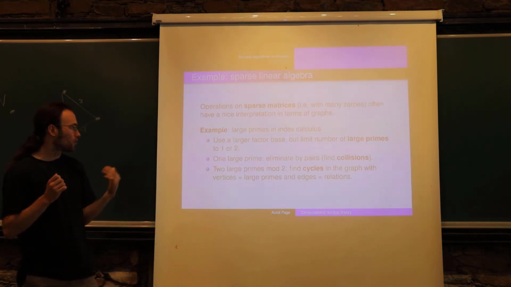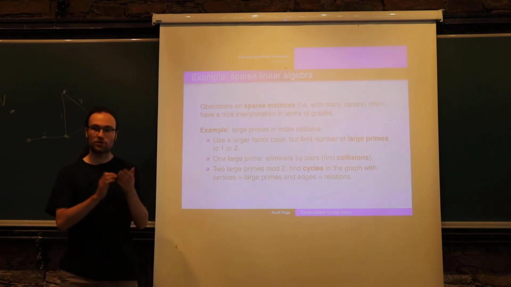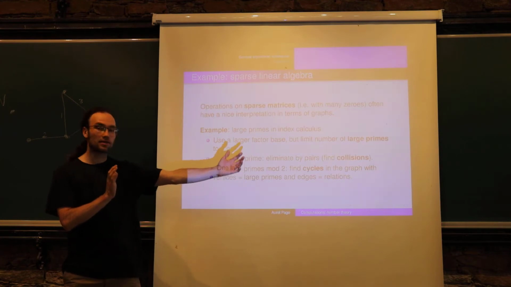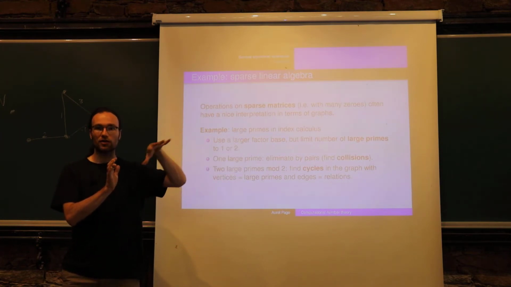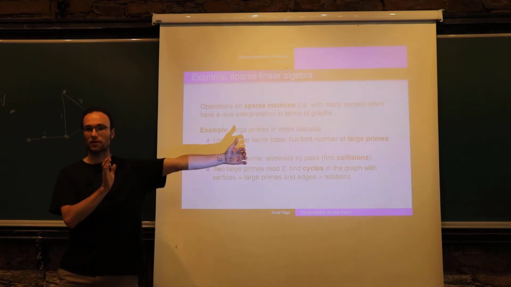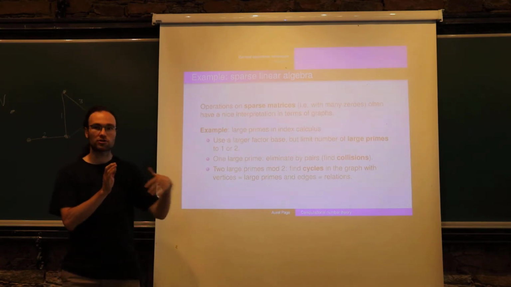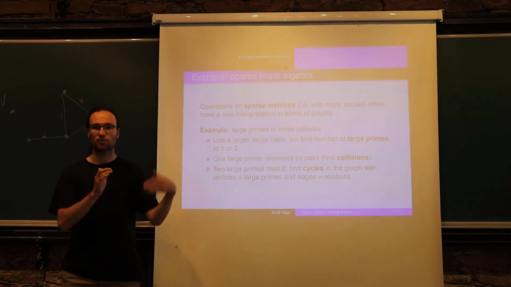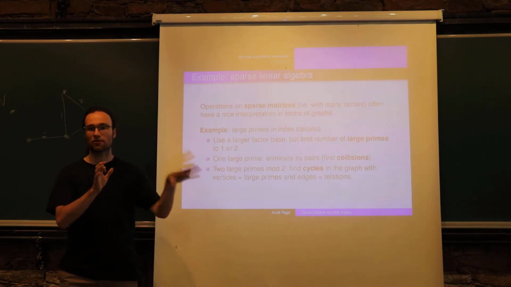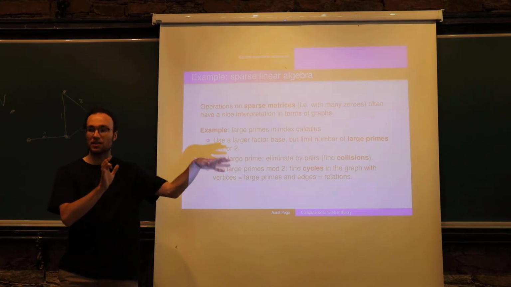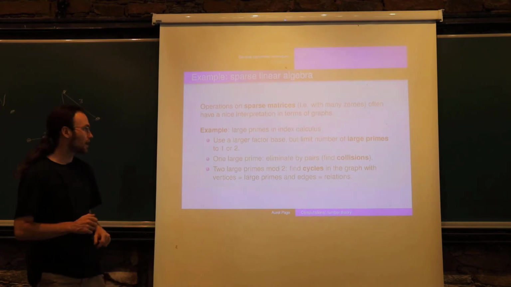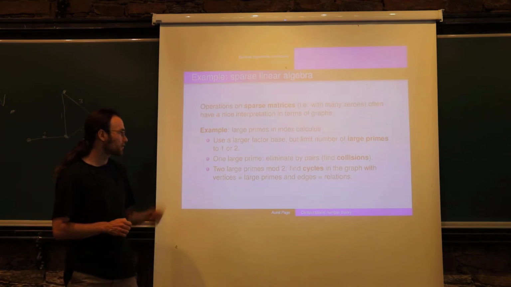So one thing that is useful is to allow a few more primes than you would usually take, but you restrict to having a very small number of occurrences of these extra primes, allowing for operations that don't require the full linear algebra algorithms, but dedicated algorithms to simplify this part of the matrix. That's called the large prime variation in index calculus.